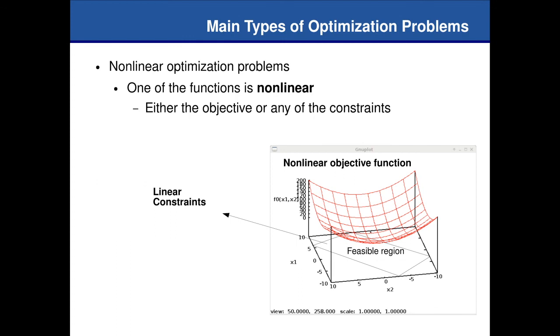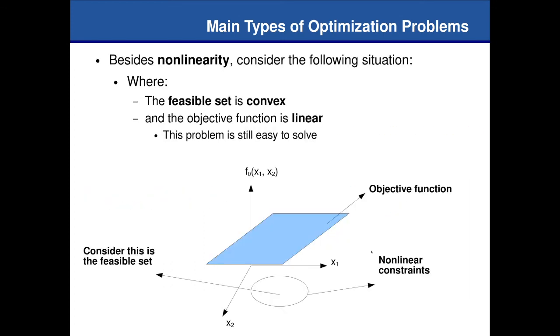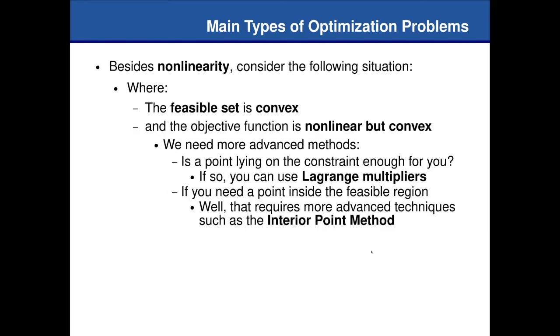However, the solution is much more inside this feasible region over here. That means I cannot use Lagrange multipliers. I need some way of walking inside this region. We refer to those methods as interior point methods. That's what we're going to use to solve the support vector machine optimization problem.